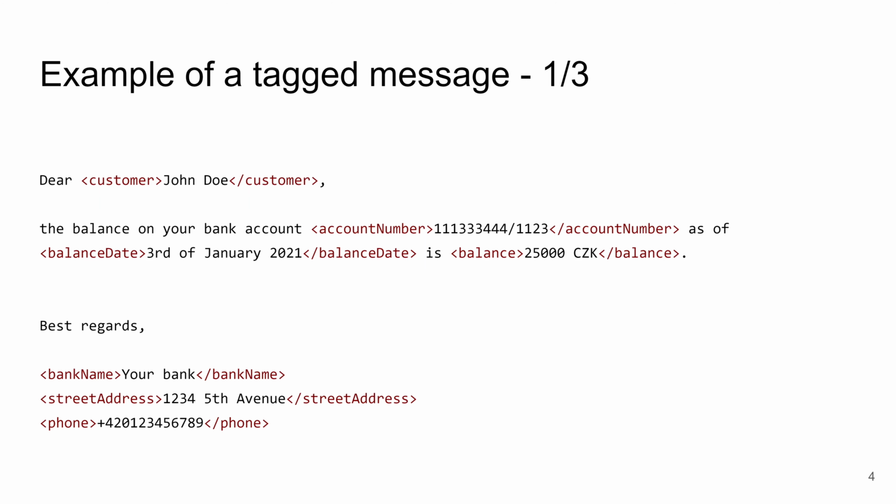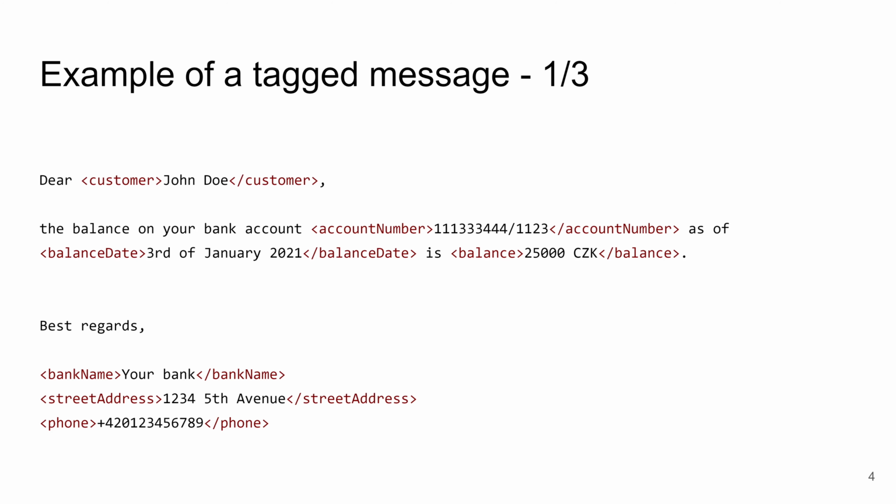So the important pieces of data will be delimited using these kinds of tags, and we will name them so that it is clear what the data in that place actually represents. So we know that in the beginning there is a customer, then there is an account number, and so on.